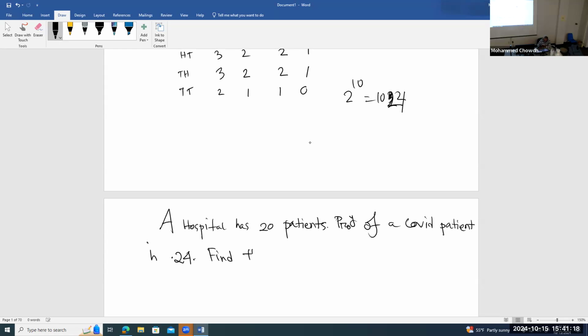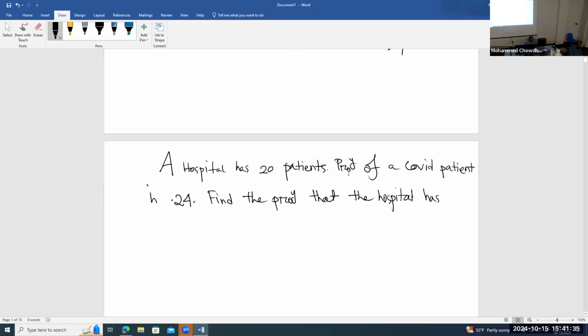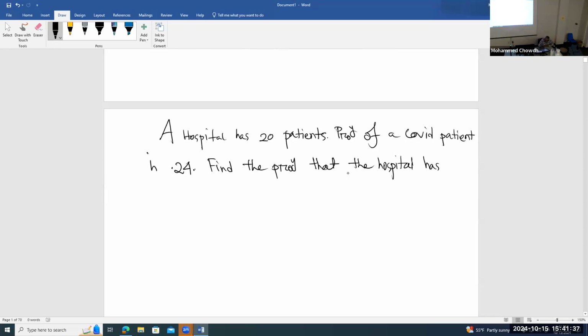Find the probability that the hospital has, number one, exactly 7 COVID patients.